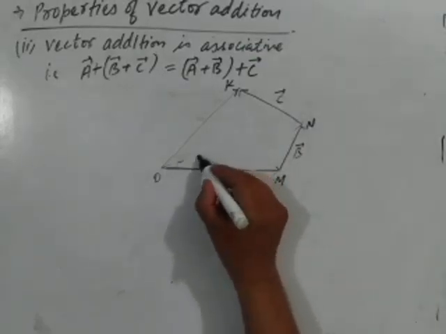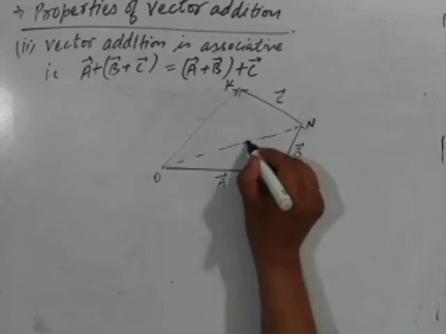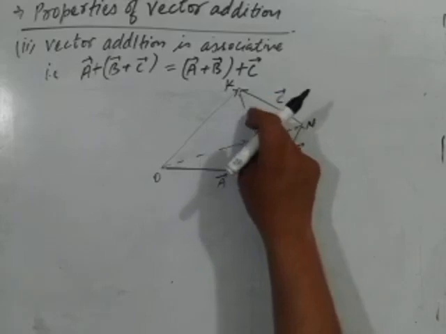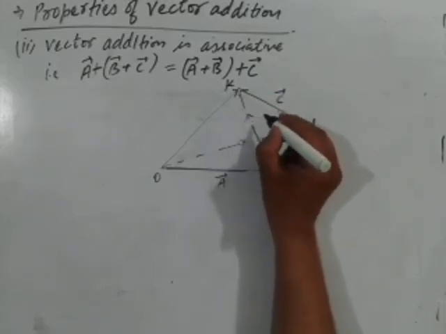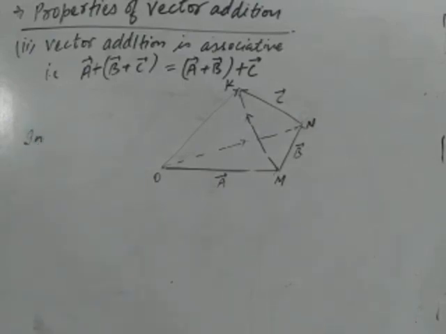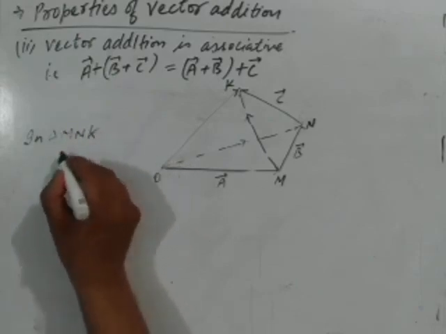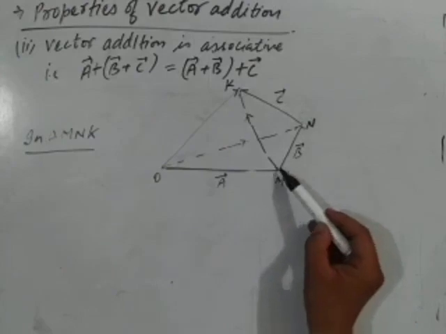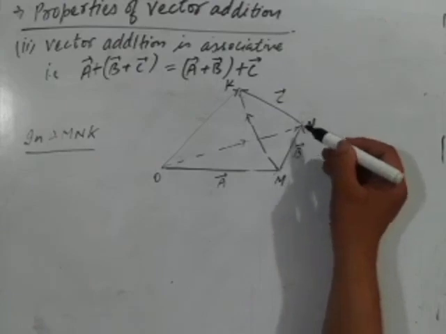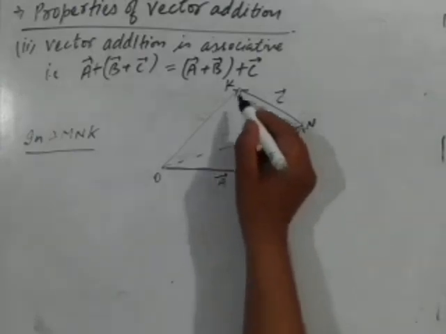Completing this diagram, now in triangle MNK, we can easily write MN plus NK equal to MK.